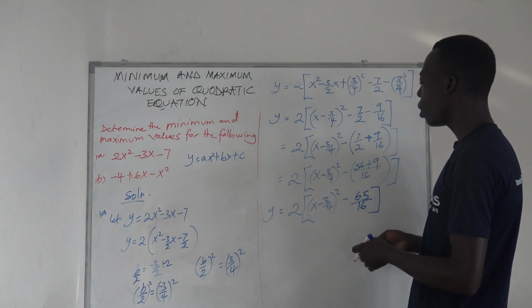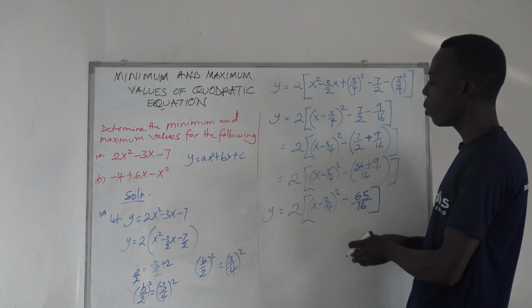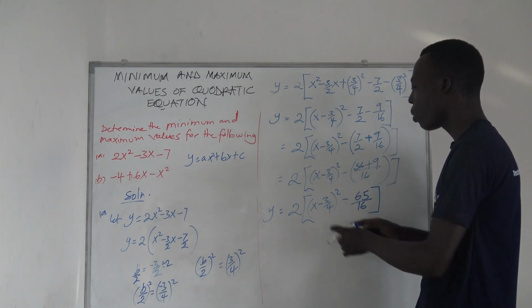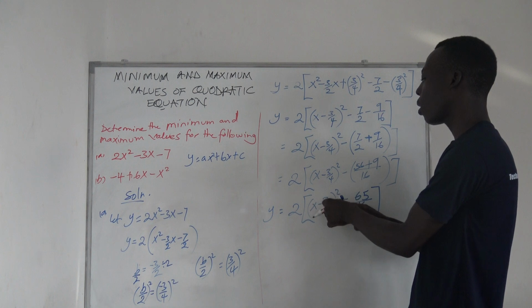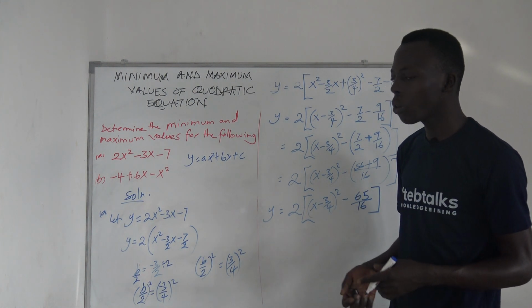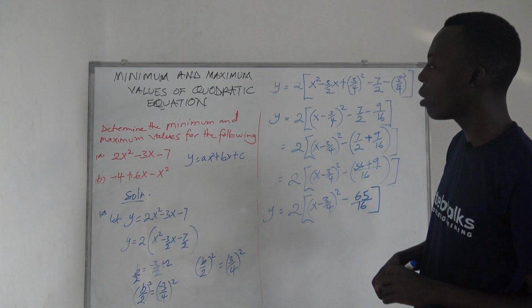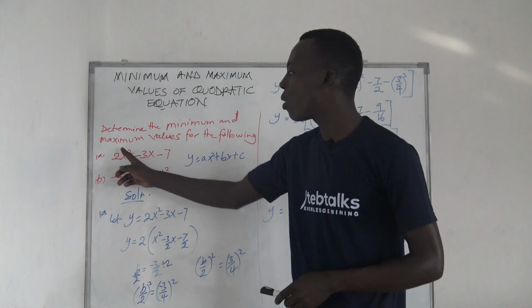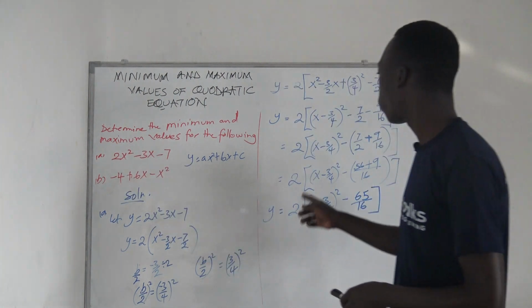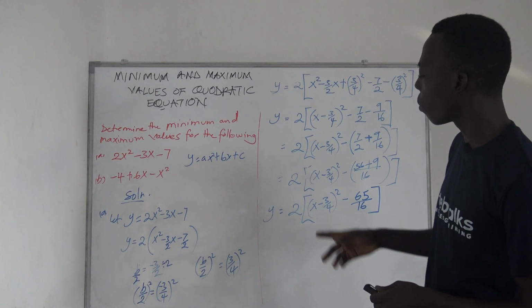And also we said that the maximum or minimum occurs when x minus 3 out of 4 equals 0. But also when determining whether it is maximum or minimum, it depends on the value of a, which is here. So you determine it from there.